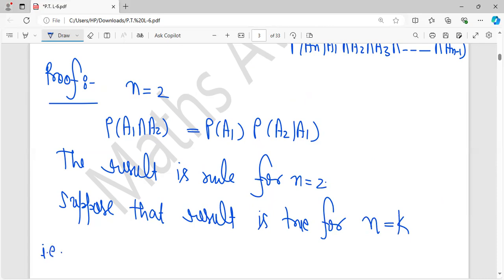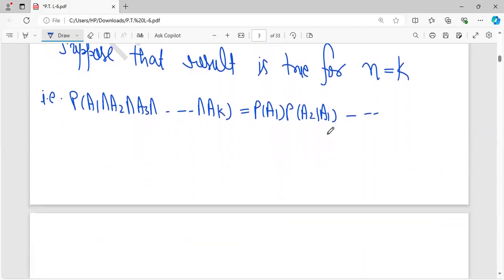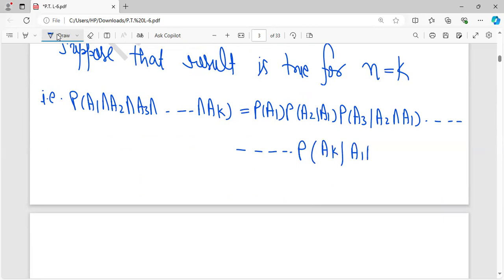It means P of A1 intersection A2 intersection A3 intersection up to Ak is equal to P of A1 into P of A2 relative to A1 up to P of A3 relative to A2 intersection A1, multiplication P of Ak relative to A1, A2 up to Ak minus 1.